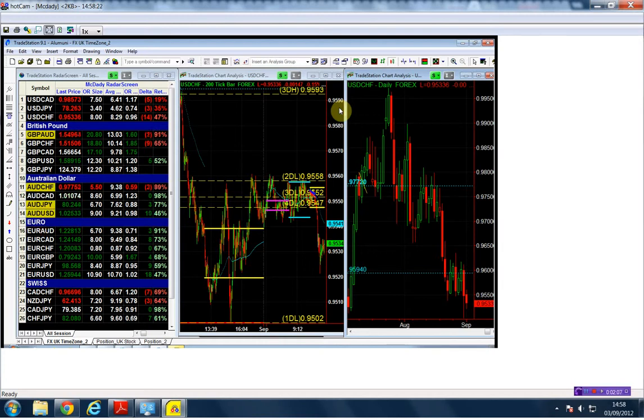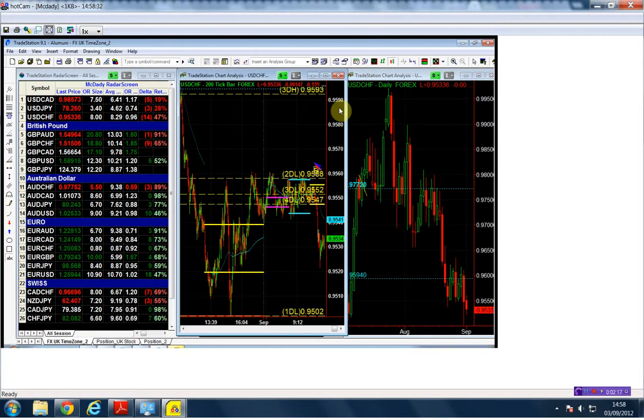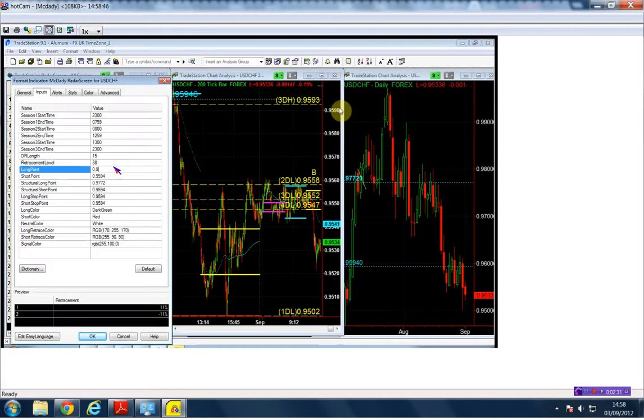So this makes our buy for the Swiss: we should not buy it unless it gets above these lows, above the 95.58. There is no reason to buy the dollar Swiss unless it gets above the 95.58. That will be our buying point.